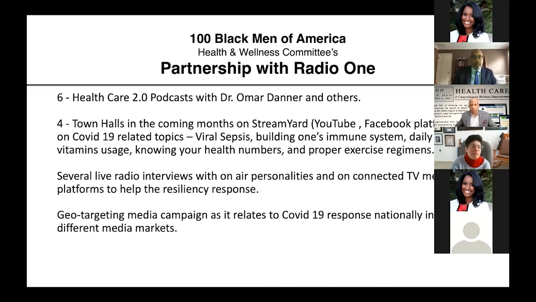Geo-targeting, which as many of you may or may not know, is specific media campaigns as it relates to COVID-19 directly to the White House, directly to facilities, NIH, etc. It's a pretty robust offering. We'll be in conjunction with this organization here. We'll be pushing out the message. Next slide.